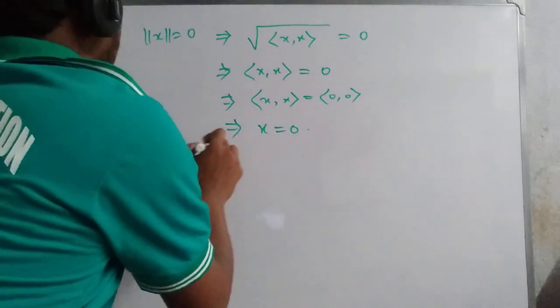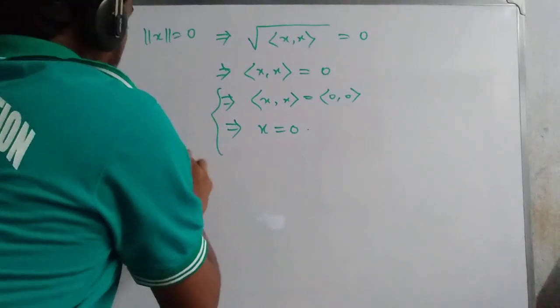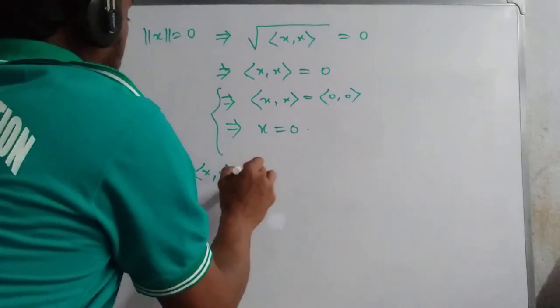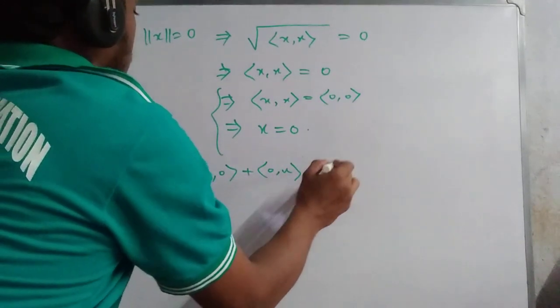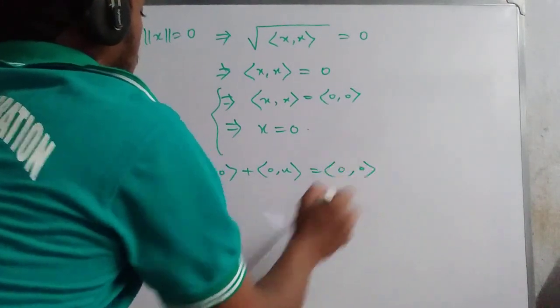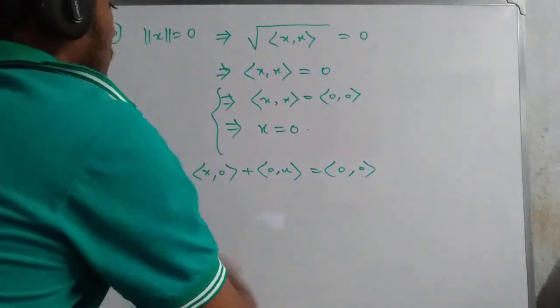Otherwise we write it this way: x0 + 0x equal to (0, 0), or equal to 0.